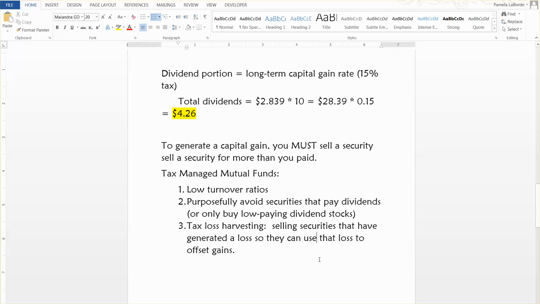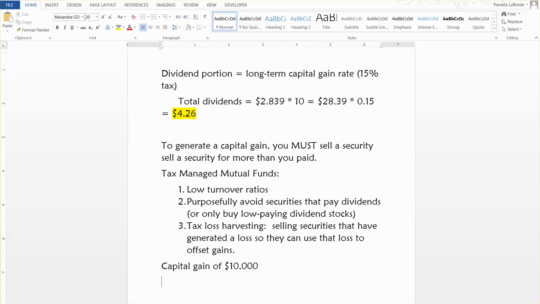Now, for personal income taxes, we are limited to how much we can write off in terms of losses. Let's say I have a capital gain of $10,000, all associated with 2015 from trading securities.